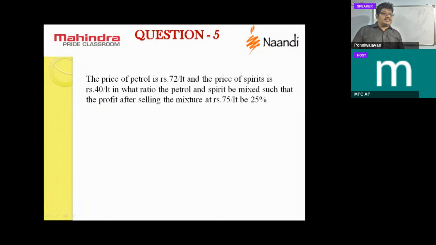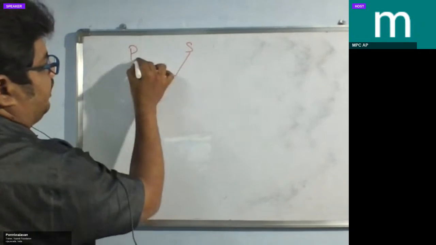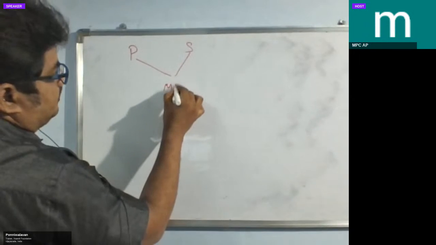Price of the petrol is 72 rupees. Is that 72 rupees cost price or selling price? Price of the spirit is 40 rupees. Cost price. Okay, listen. Petrol and spirit, we are making a mixture.